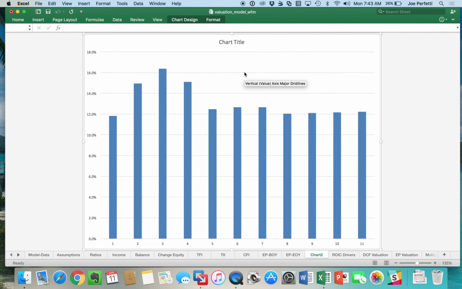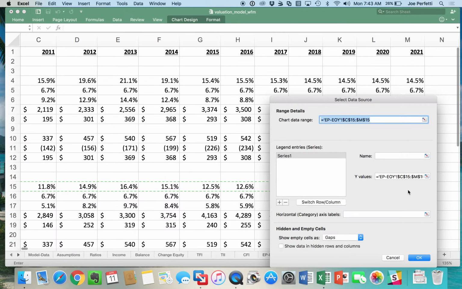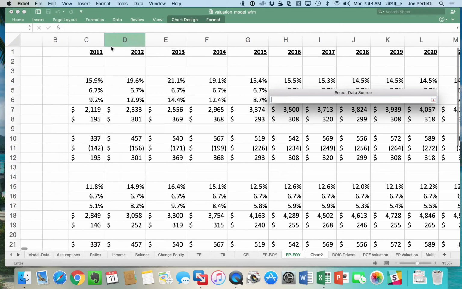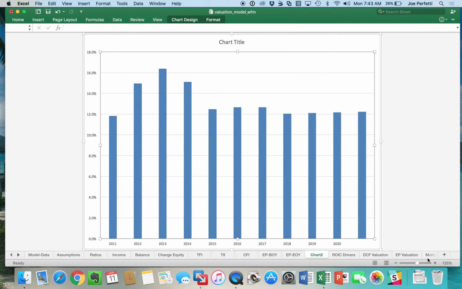Then I'm going to select the data, and for the x-axis I'm going to highlight the years. Hit OK.